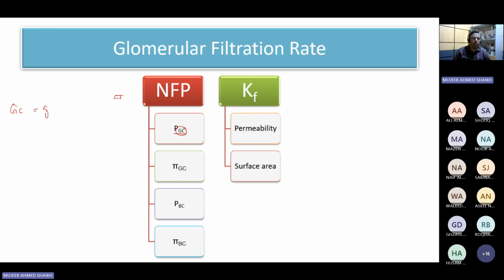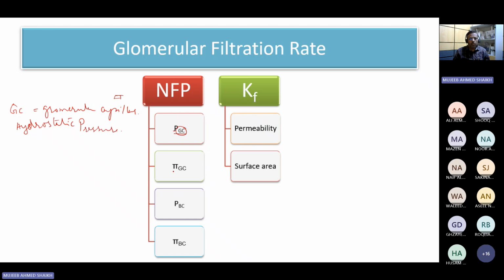This is known as glomerular capillaries. And this P is for hydrostatic pressure, or you can say simply the blood pressure present in the glomerular capillaries. Hydrostatic pressure is P.